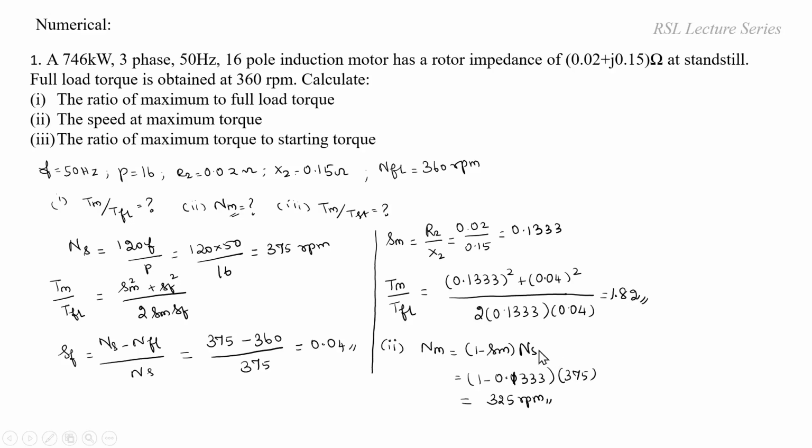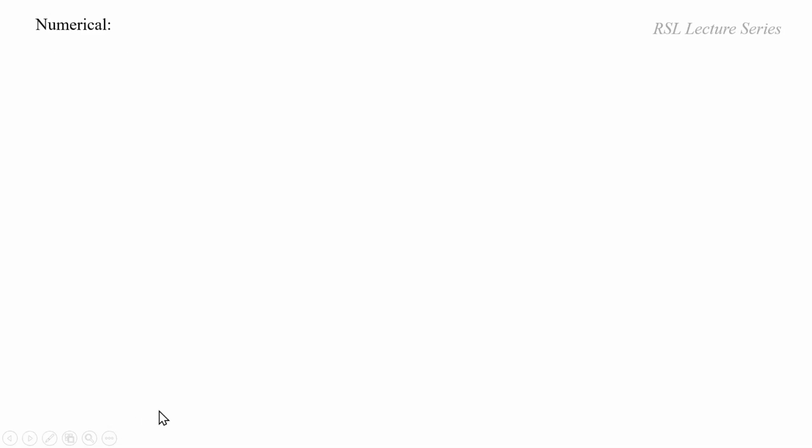Okay. So next one, what we have to find out is the ratio between maximum torque and starting torque. Okay. So the formula is given by 1 plus Sm square divided by 2 into Sm. Okay.